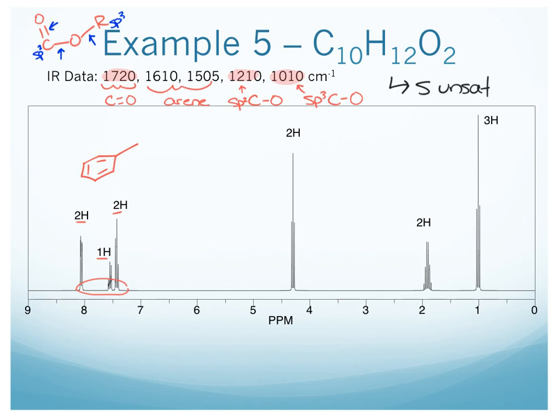Okay, we have that. We have a CH2, a CH2, and a CH3. So let's see what we've accounted for. We've accounted for 6, 7, 8, 9 carbons. But there's 10 in the formula.